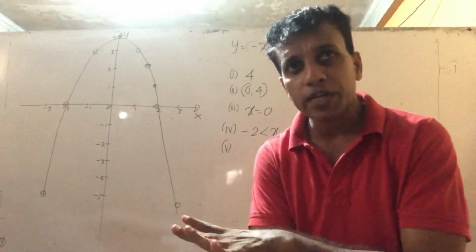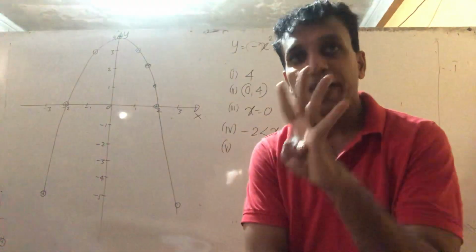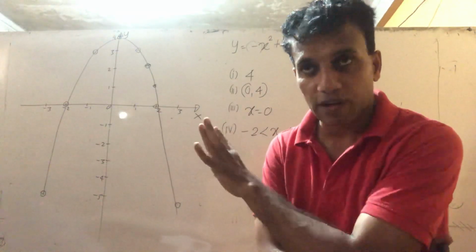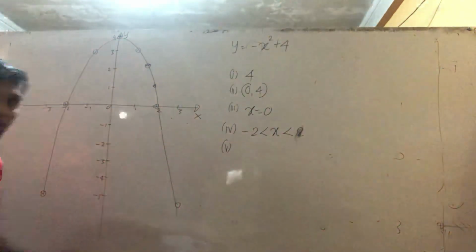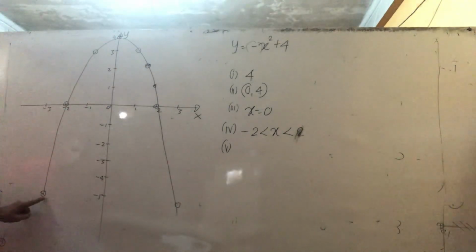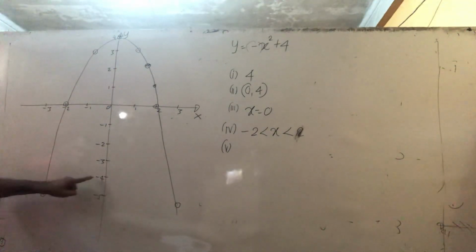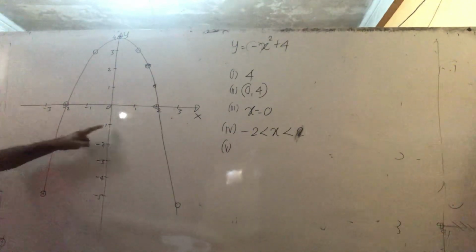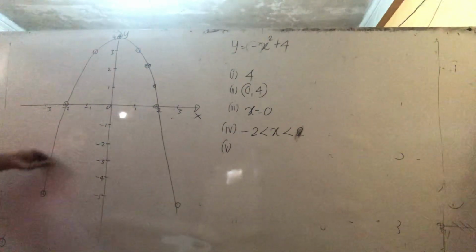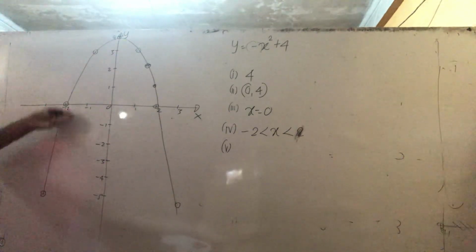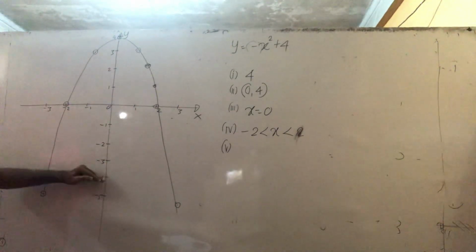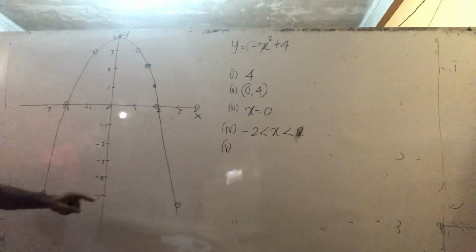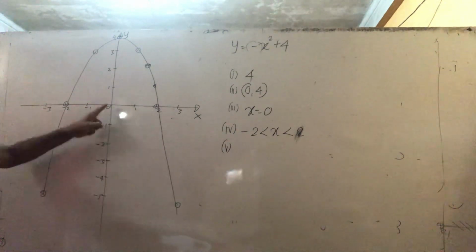Every parabolic curve has 4 ranges. See, I'll mark in this graph. Initially we mark y here: y is -5, -4, -3, -2, -1. What happened? y value increasing, okay? How is it increasing? Negatively increasing, right?